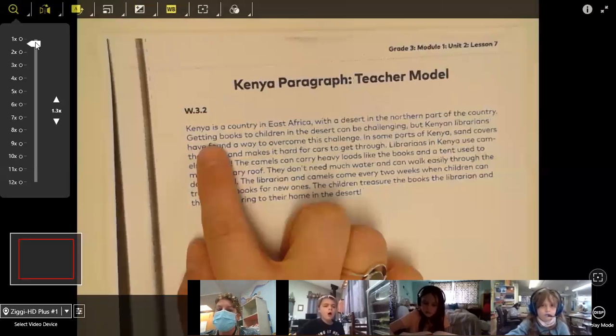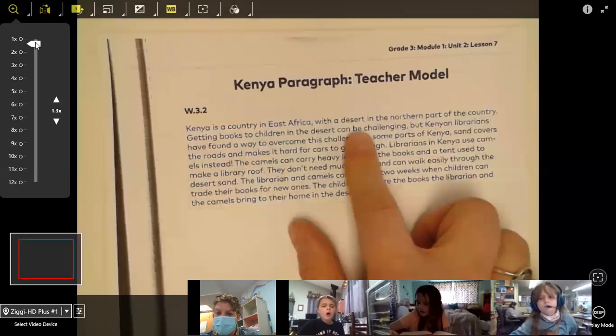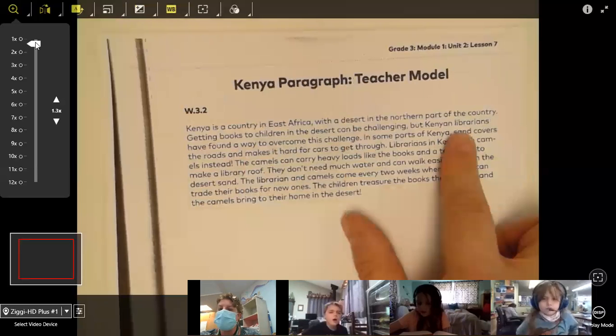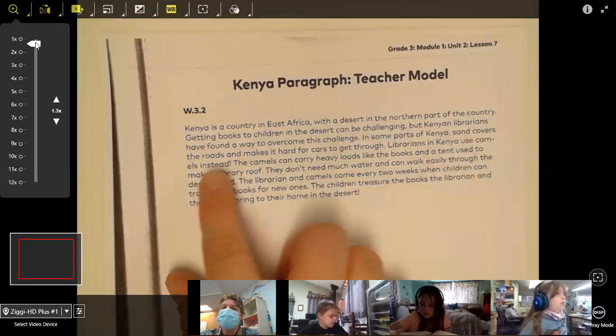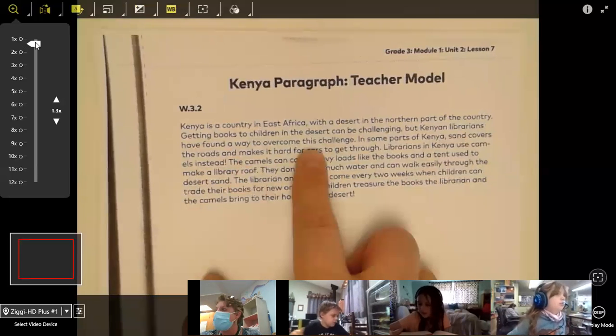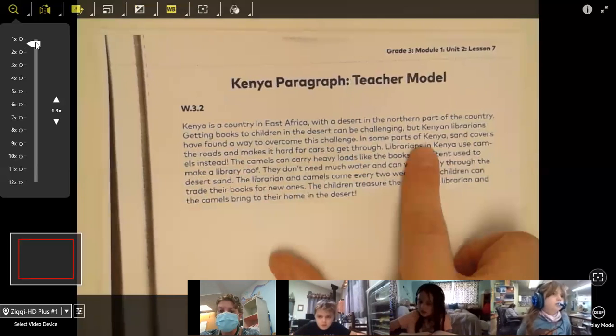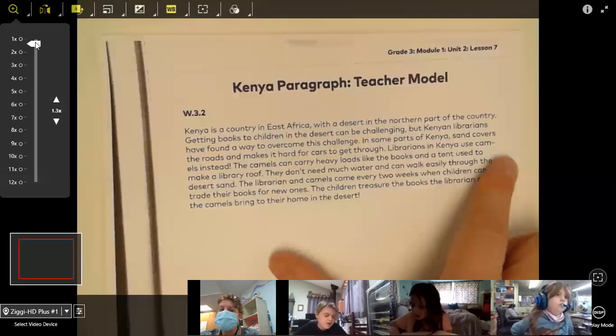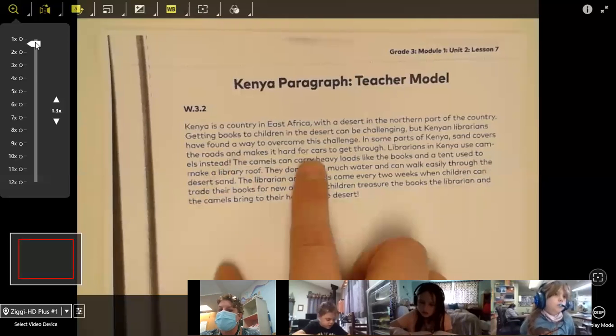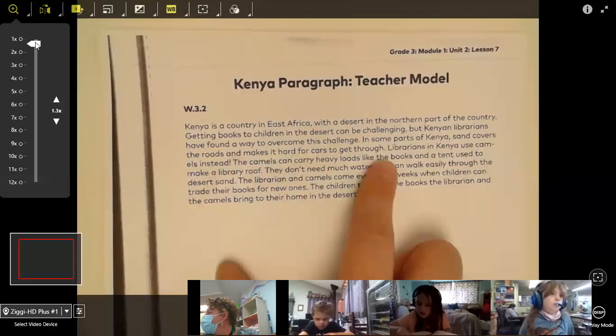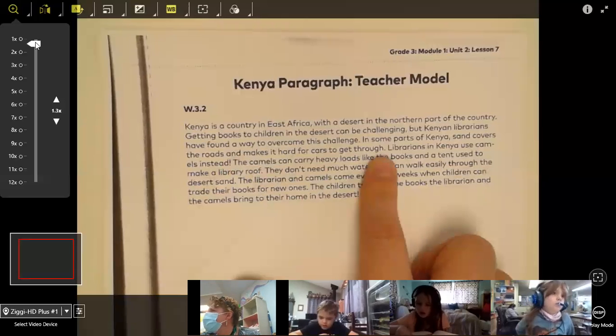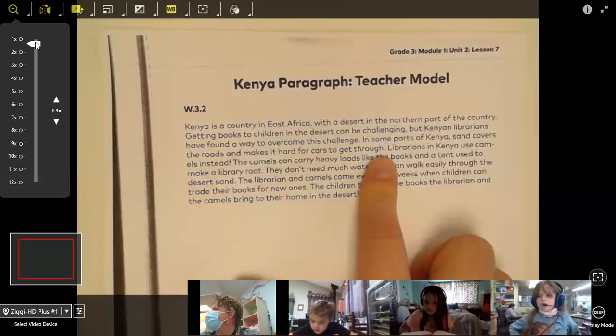Getting books to children in the desert can be challenging, but Kenyan librarians have found a way to overcome this challenge. In some parts of Kenya, sand covers the roads and makes it hard for cars to get through. Does that sound familiar? Yeah. Where did we put that information, or write that information?